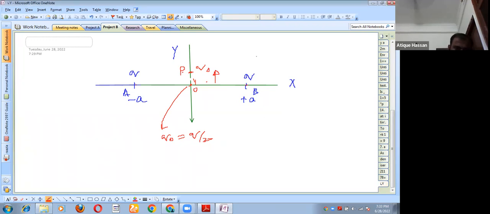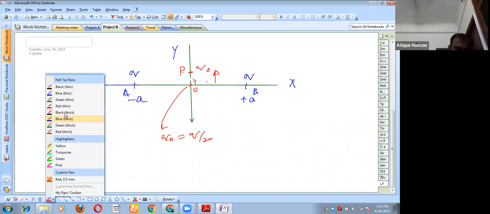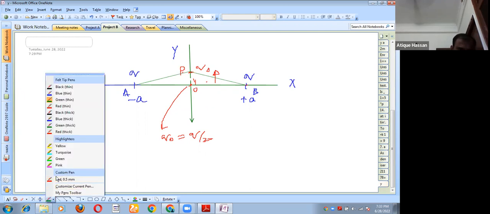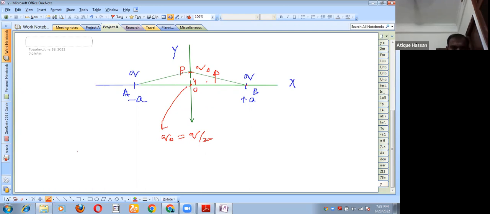So how will we find it? Let us draw a line. What will happen is this charge at A will repel it.